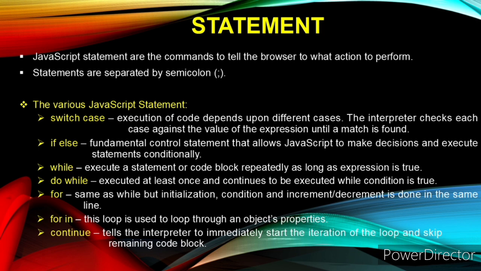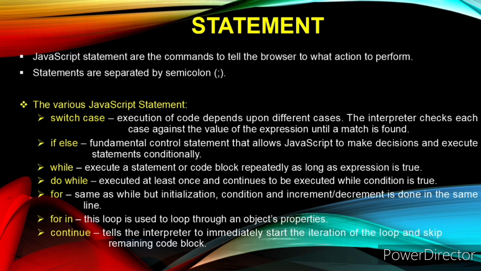4. Do while. Block of statements that are executed at least once and continues to be executed while the condition is true. 5. For. Same as while but initialization, condition and increment or decrement is done in the same line. 6.